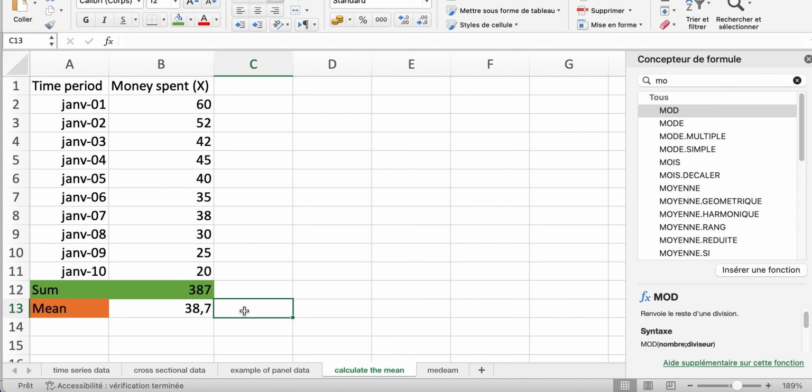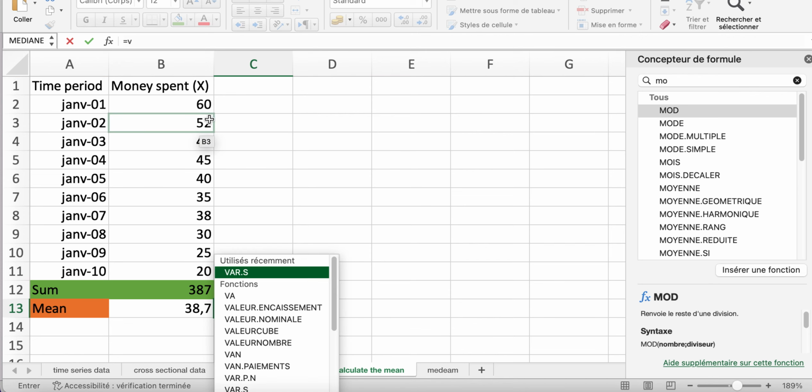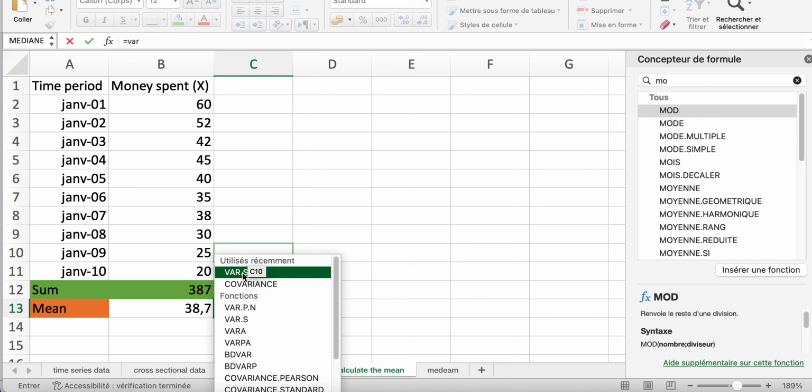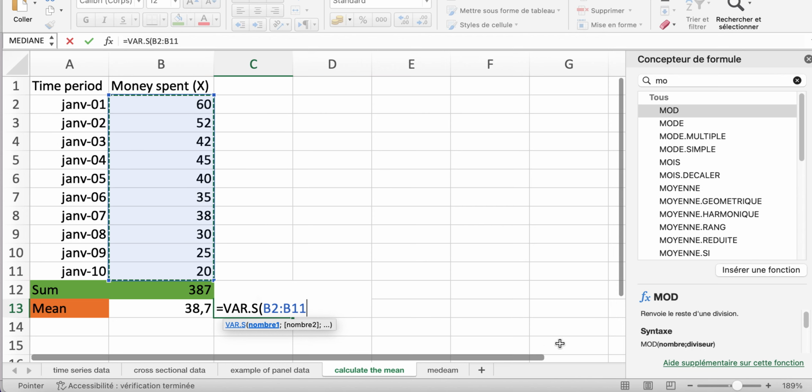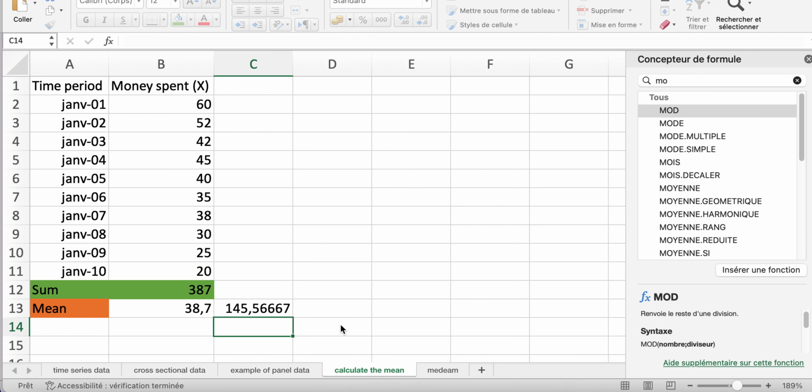you have to go to another cell and type equal and VAR. VAR.S means the variance of a sample. So we choose variance of a sample, then we select all the values of our data set, then we press OK.